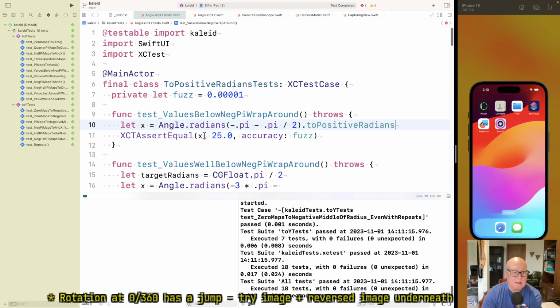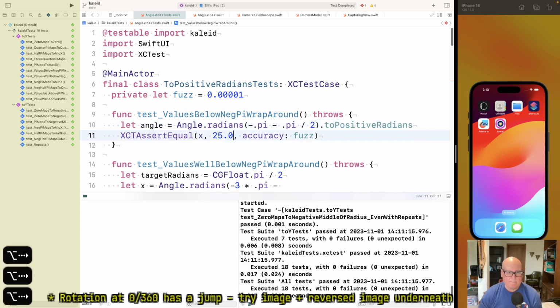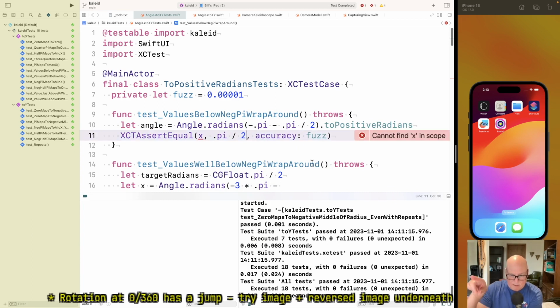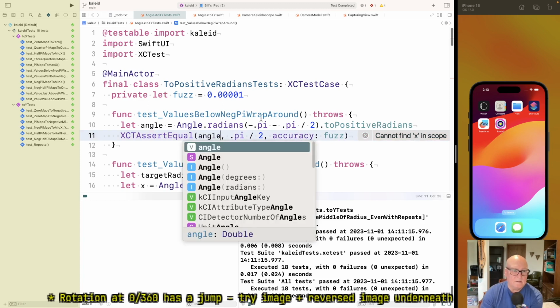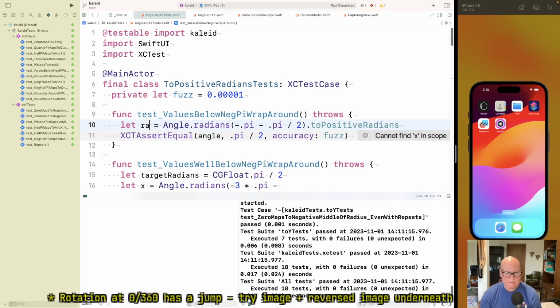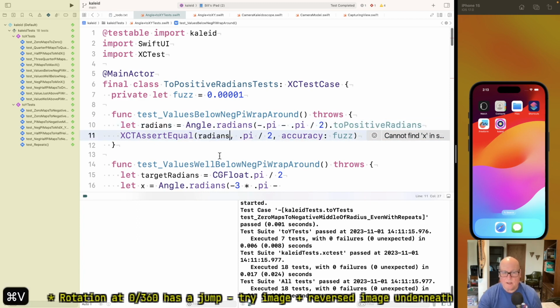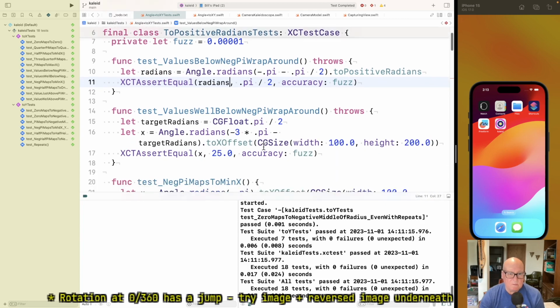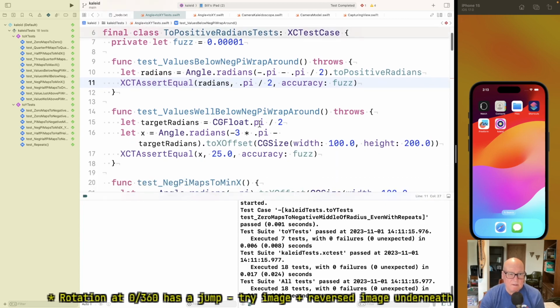So that should be the same as positive pi over 2, rather. Okay, so minus 3/4 pi wraps around to pi over 2. Value is well below negative pi.